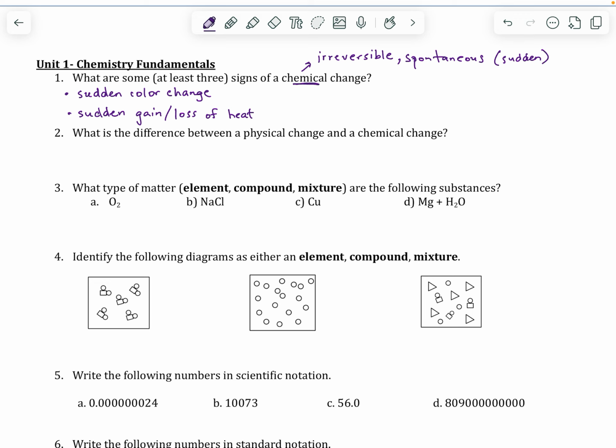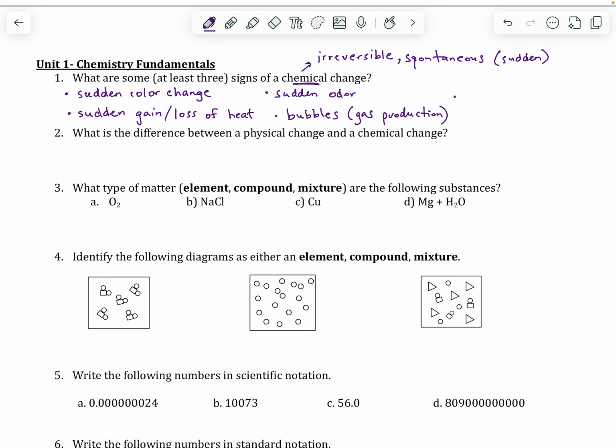Spontaneous. Another sign would be a sudden odor, all right? Something that was not there beforehand. We talked about bubbles or effervescence, which is the production of gas. So gas production, gas that was not there before and then all of a sudden is.